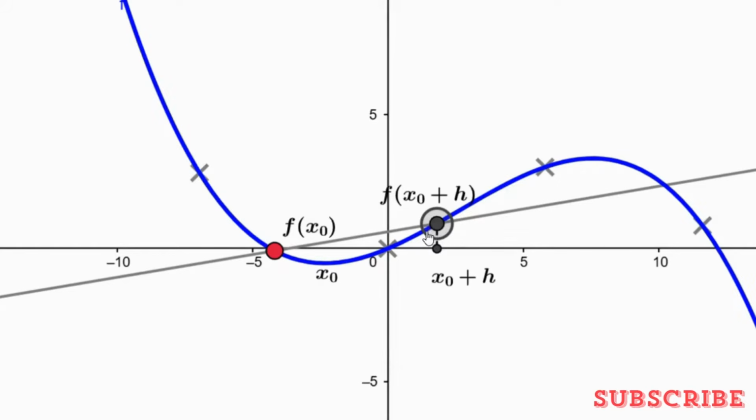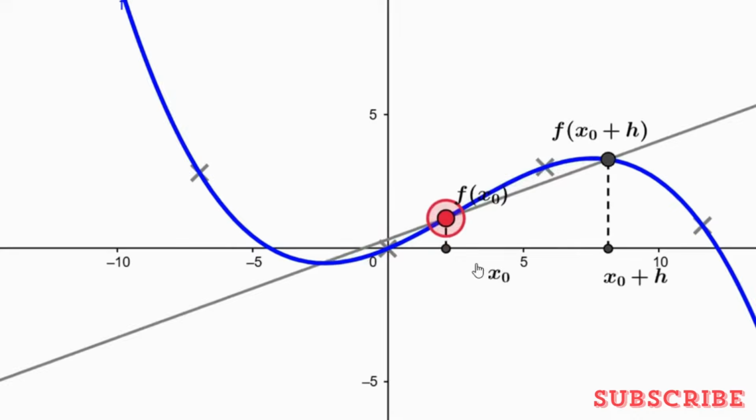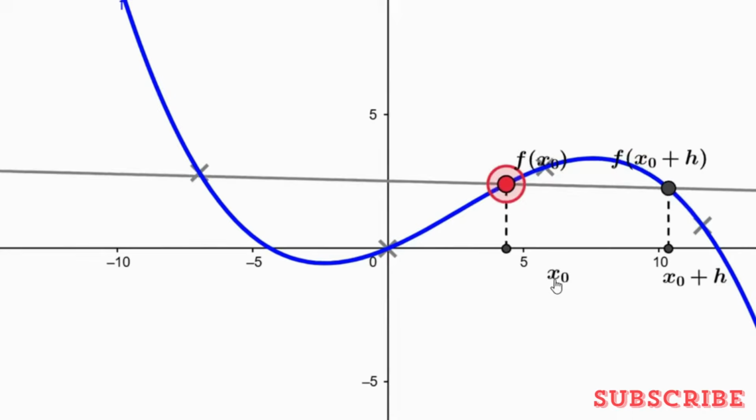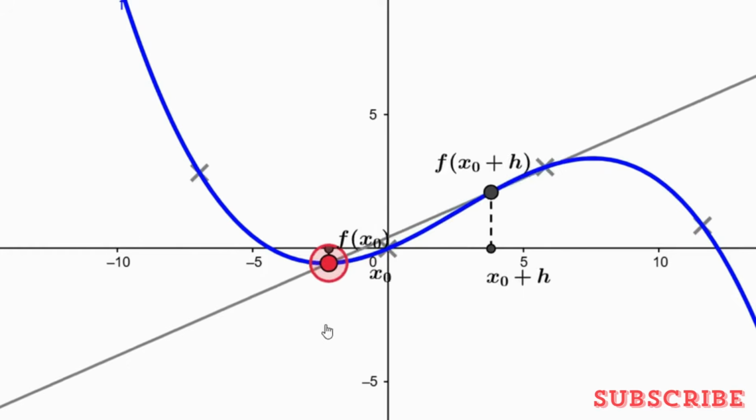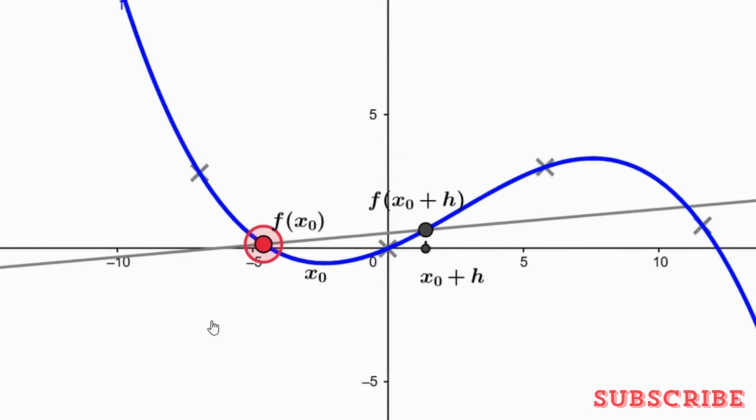When we force these 2 points to go closer to each other, the length of those chords is going to get smaller, and it will slowly reduce to the value 0.